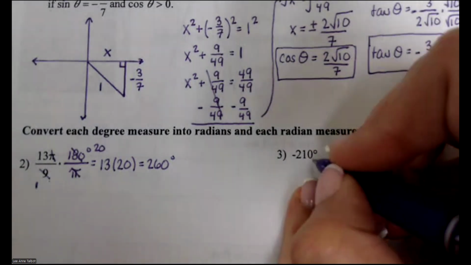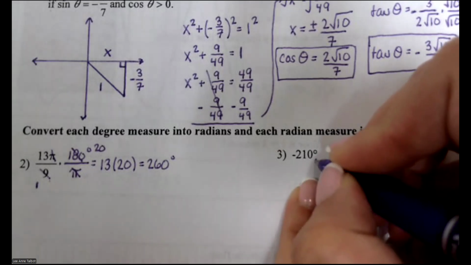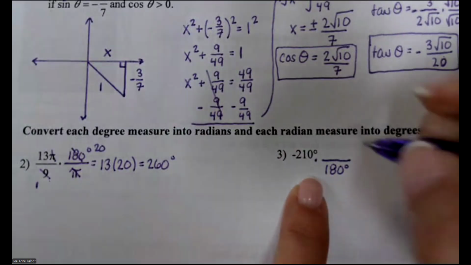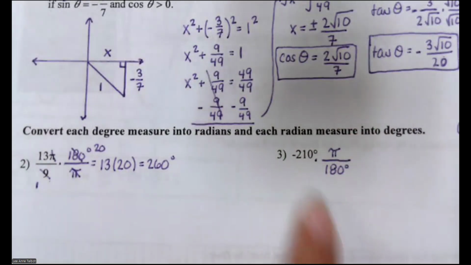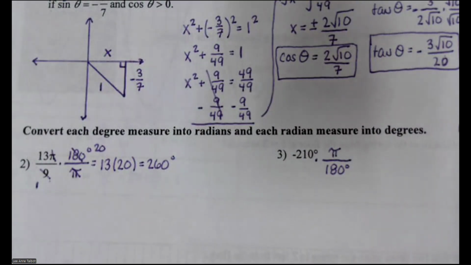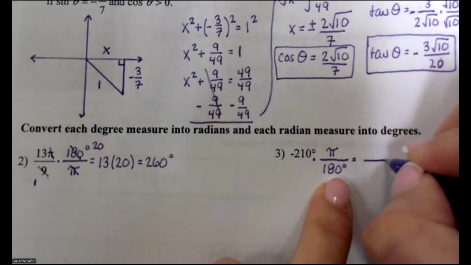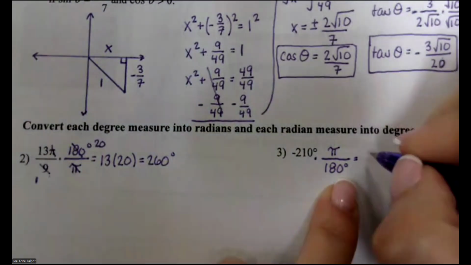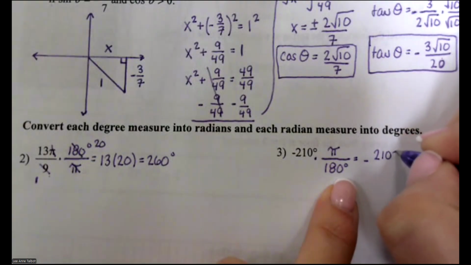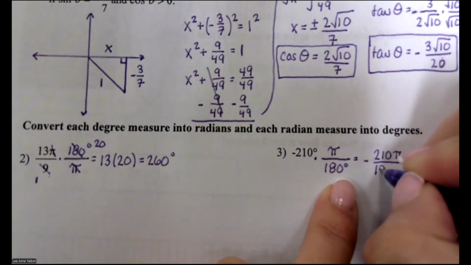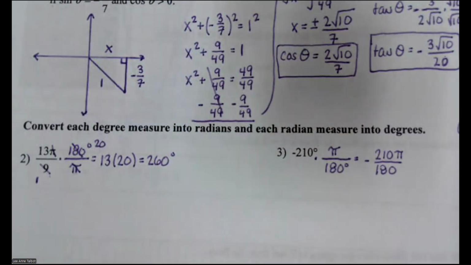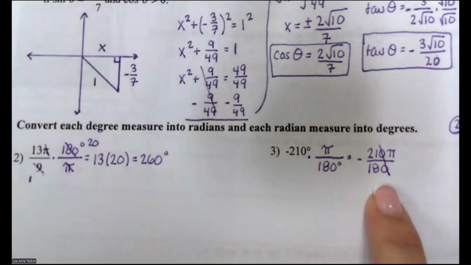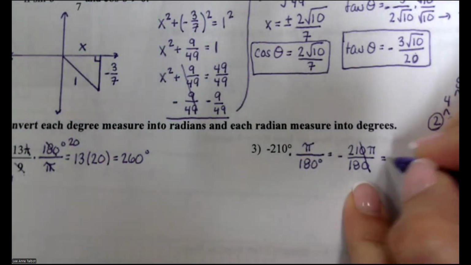Okay, number 3, times line, degrees on the top, degrees on the bottom, pi on the top. Okay, first thing I'm going to do is reduce by a factor of 10 by canceling out the zeros.